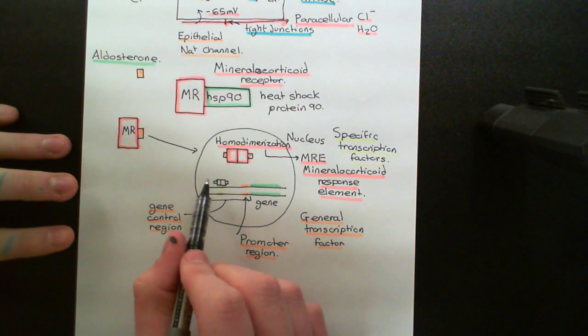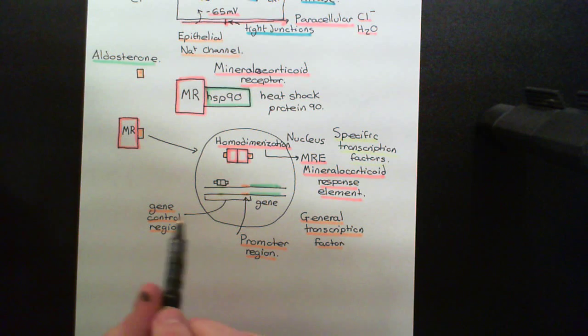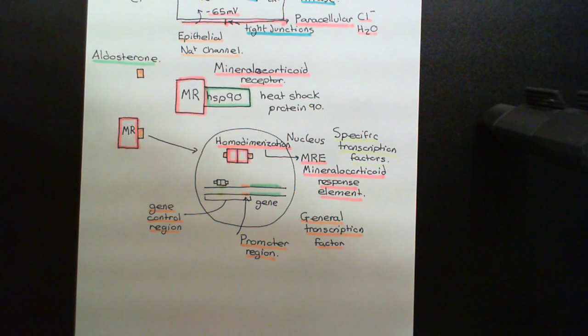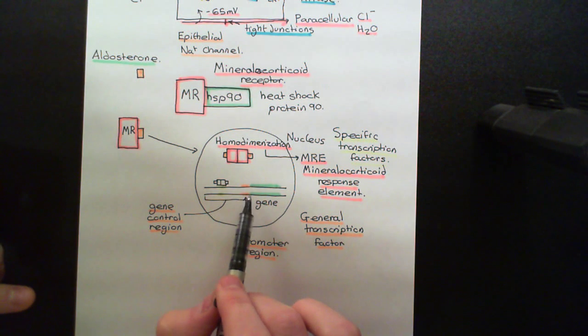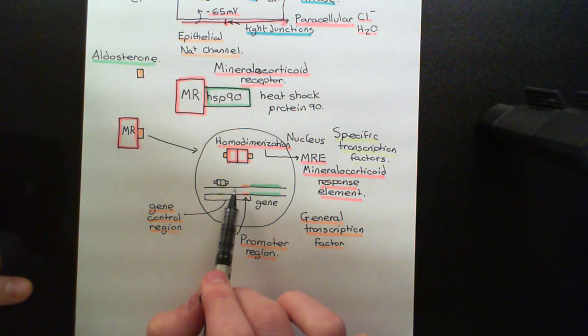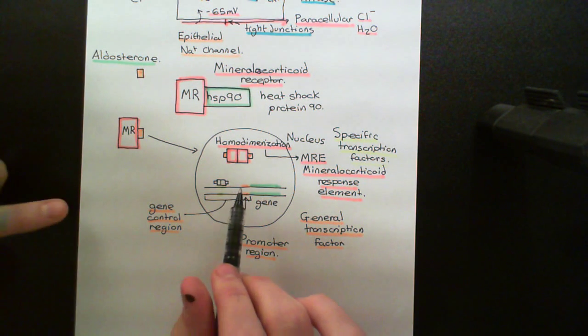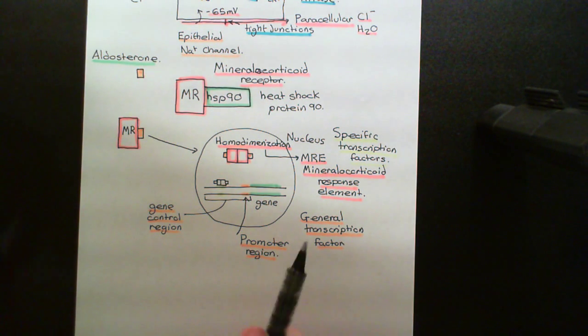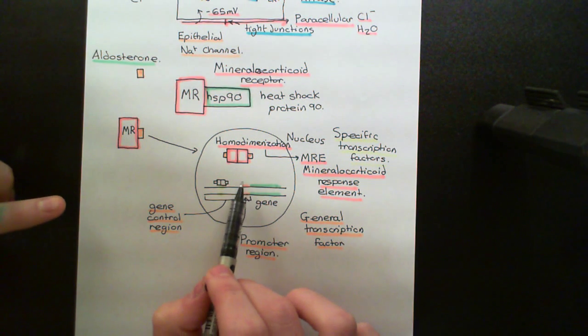Alternatively, it can change the chromatin structure around this gene. It can make the DNA wrap less tightly around the histones, opening it up, making it more likely that the general transcription factor complex and the RNA polymerase II is going to assemble on top of here. Or it can do the opposite, make the DNA coil more tightly around the histones and therefore close the DNA down, make it less likely that the general transcription factor complex and the RNA polymerase II is going to assemble on here.